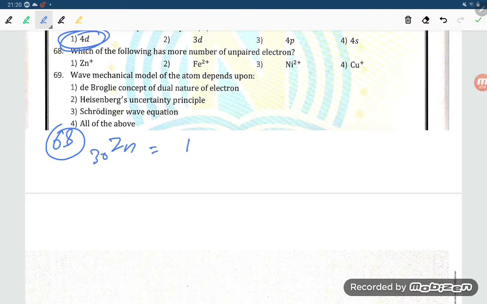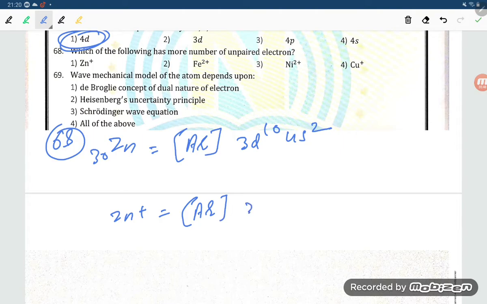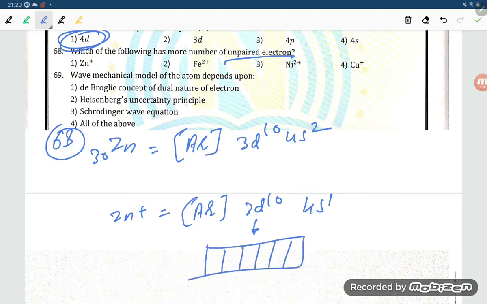Zinc is 30, and its configuration is argon 3d10 4s2. For Zn plus, it will be argon 3d10 4s1. So here there is only one unpaired electron, so n is equal to 1 unpaired electron.